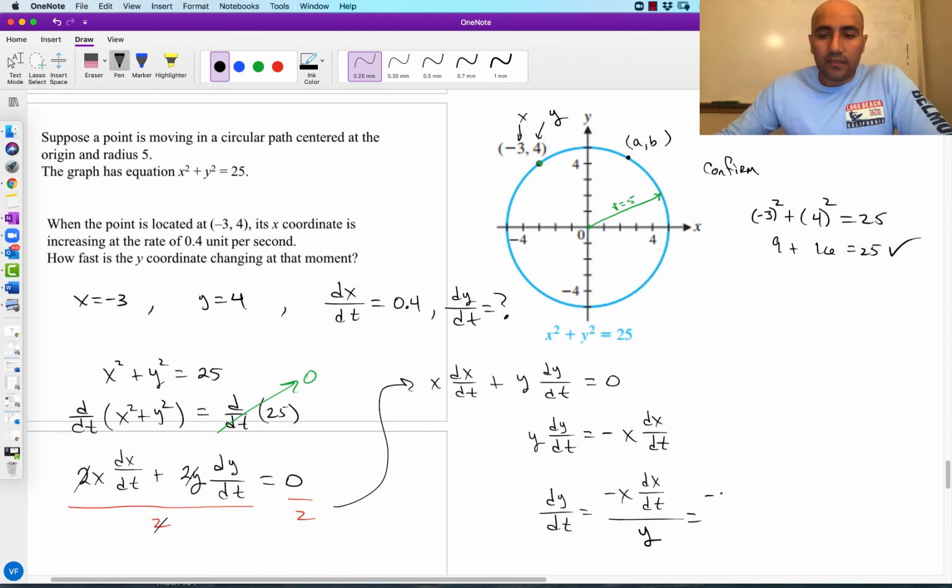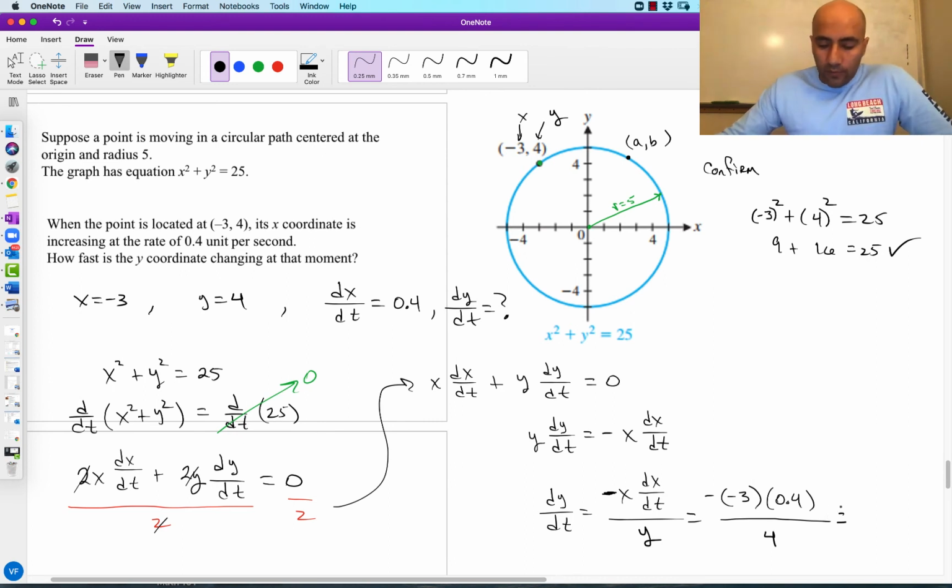We get that x is negative 3, so we have a minus from out here, and then the x itself is also a negative, so we're going to have a minus there and a minus there. dx/dt, that's equal to 0.4, divided by the y, and the y was a 4.